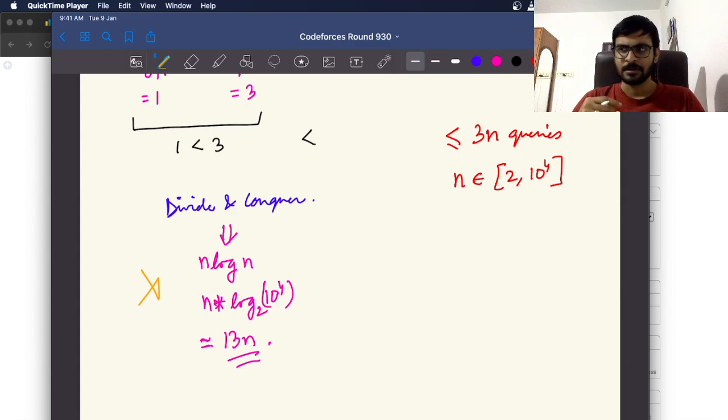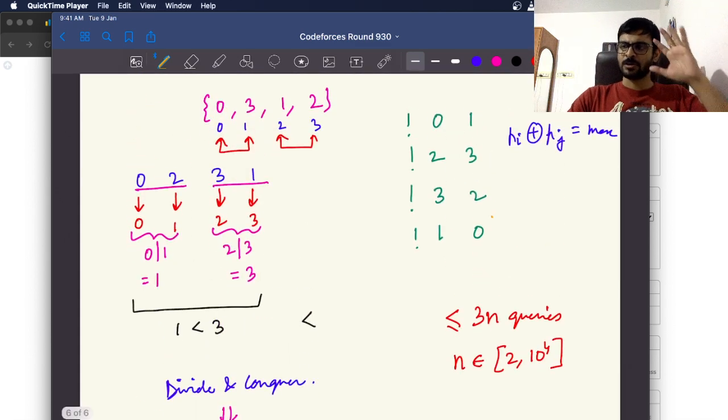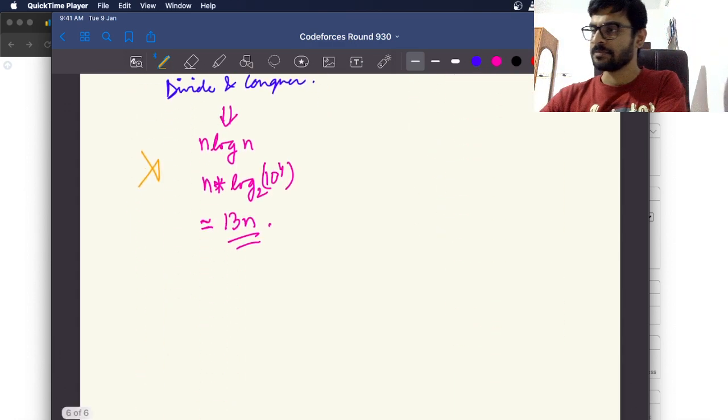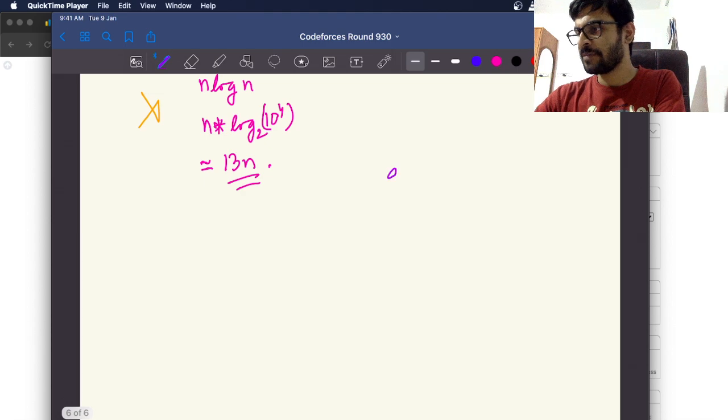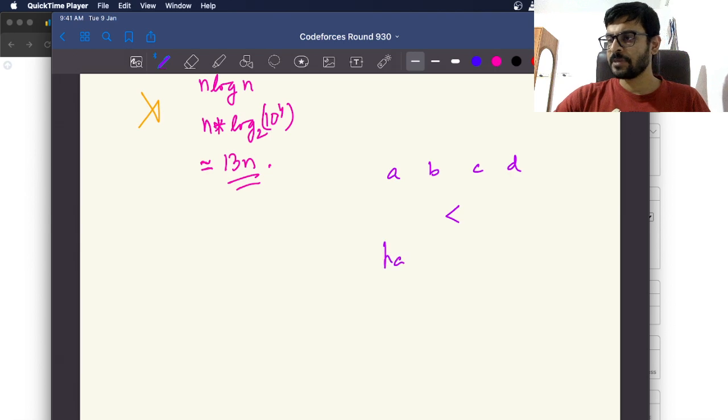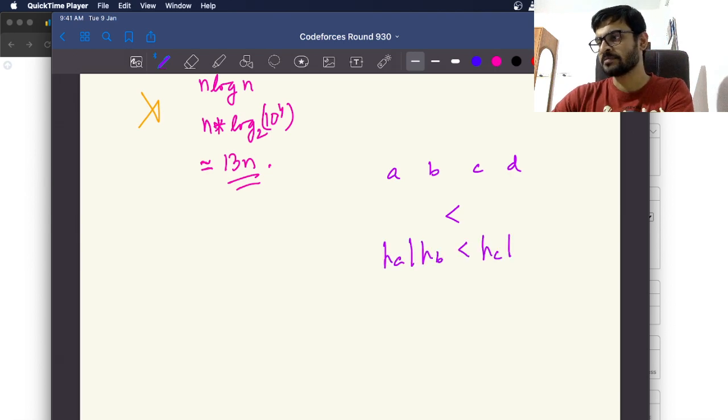What else can be done? In these problems, one thing that I frequently do is ask: can I find out one element? Can I roam around with these operations and find out one element? The problem is that if I have A, B, C, and D, and I get the less than symbol, that basically means that PA or PB is less than PC or PD.